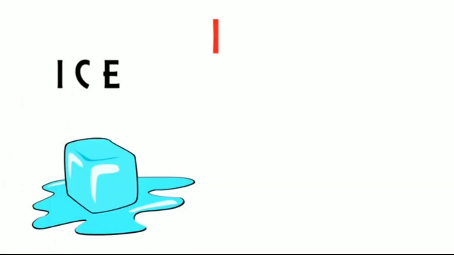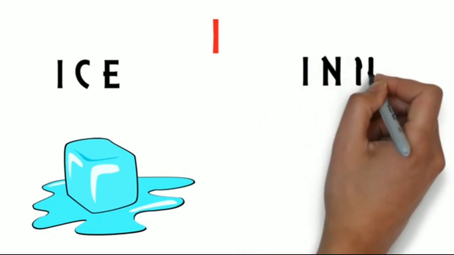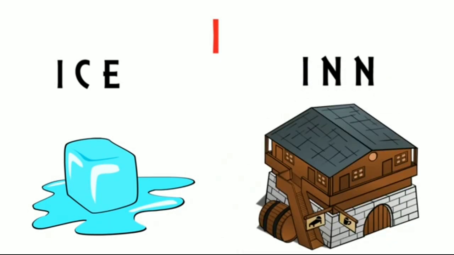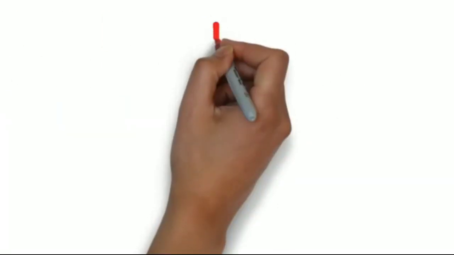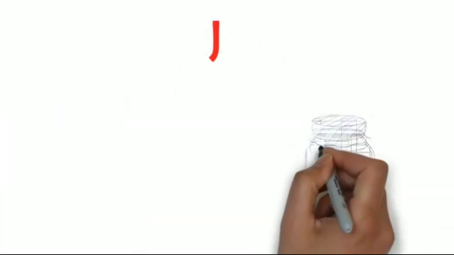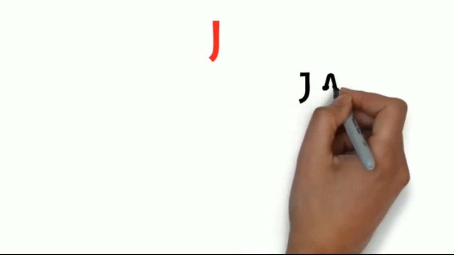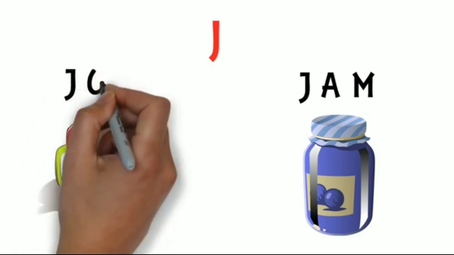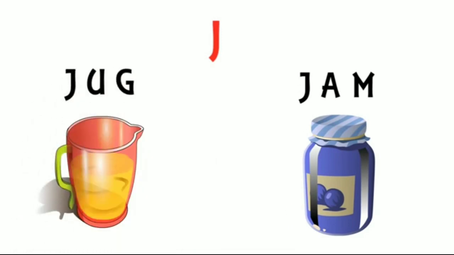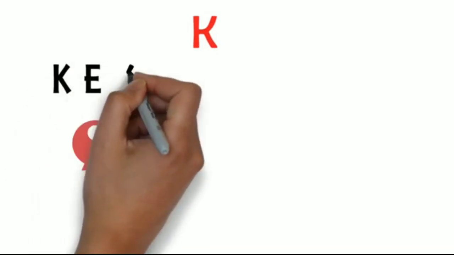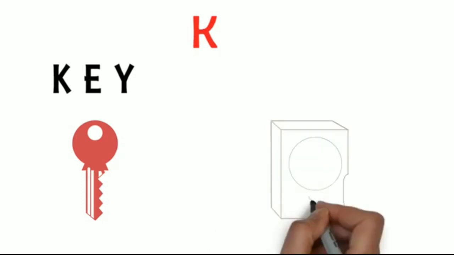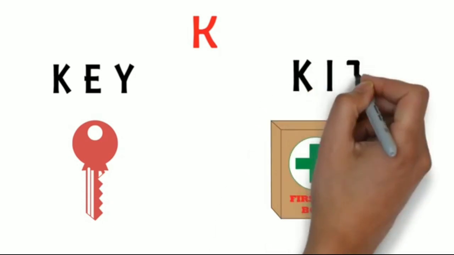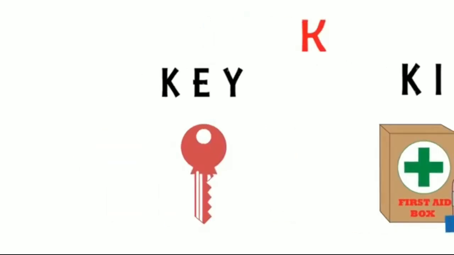I for ice. I for in. J for jam. J for jug. K for key. K for kit.